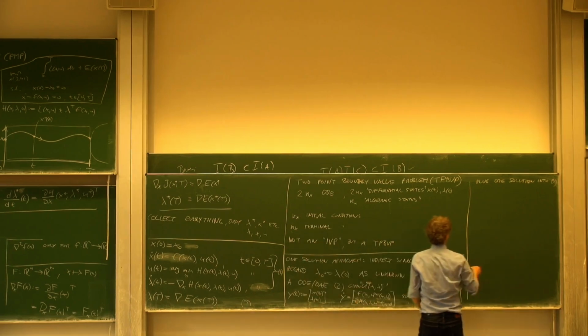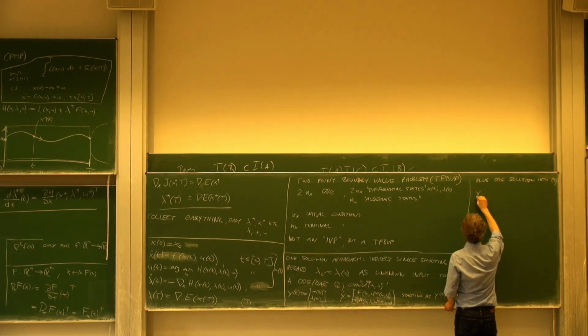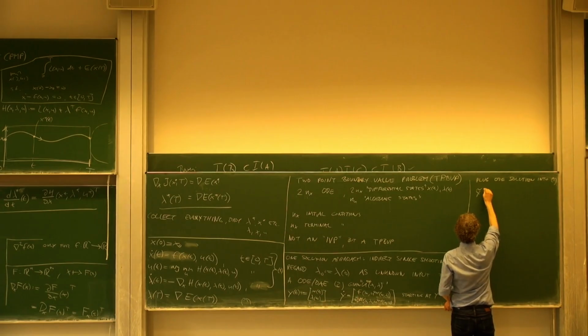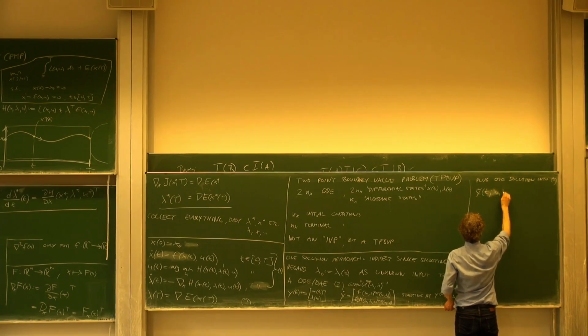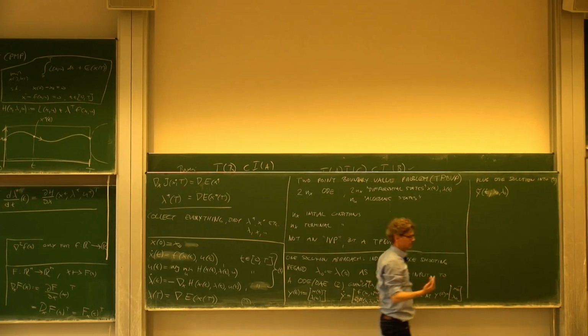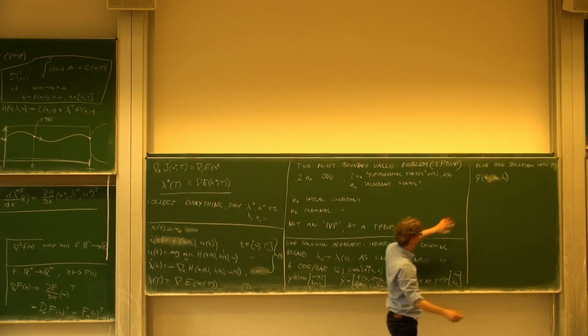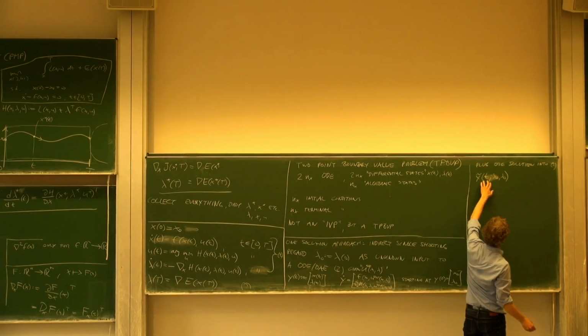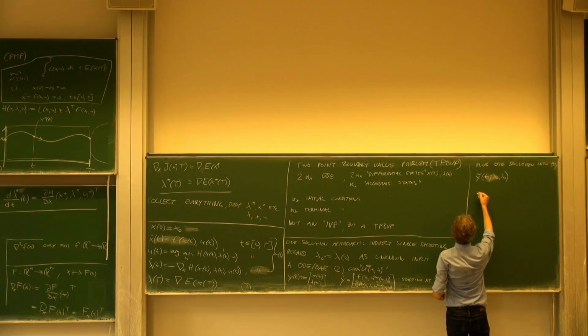And maybe I call this ODE solution y tilde of x0 and lambda 0. So that's the solution, right, for a given initial guess. And then I plug this into the terminal condition.